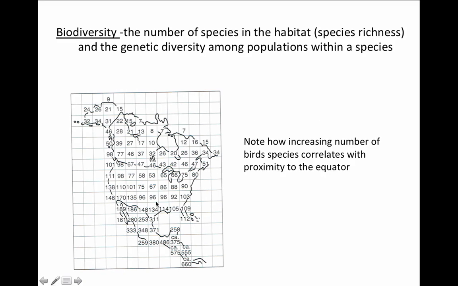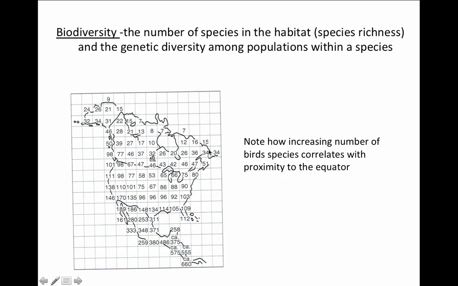And you can see, as you move closer and closer to the equator, you've got a greater and greater number of species, an amazing number of bird species down by Panama, for example. And so there's a correlation between how close you are to the equator and the number of species, not just for birds, but that pattern is seen for other groups as well.